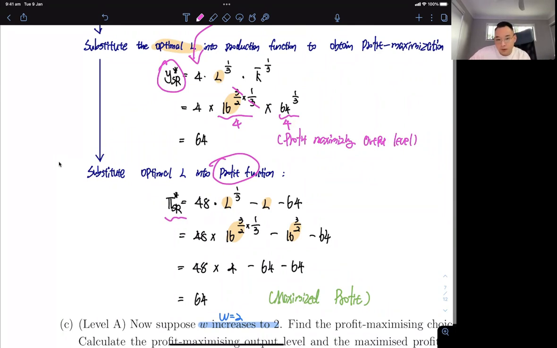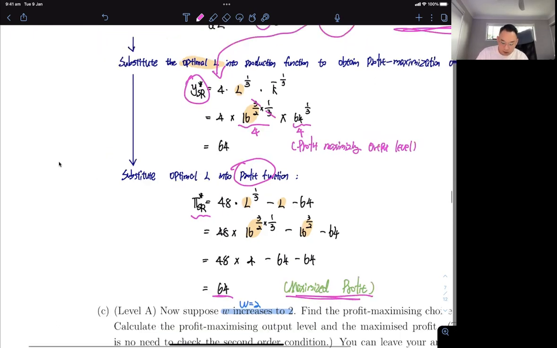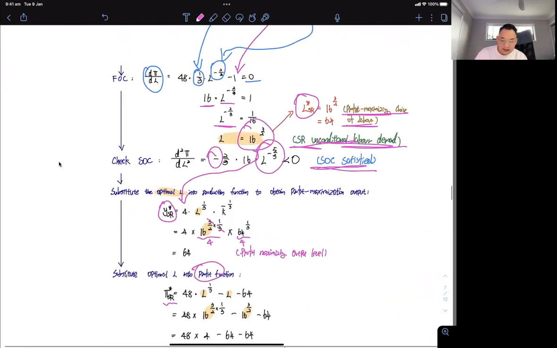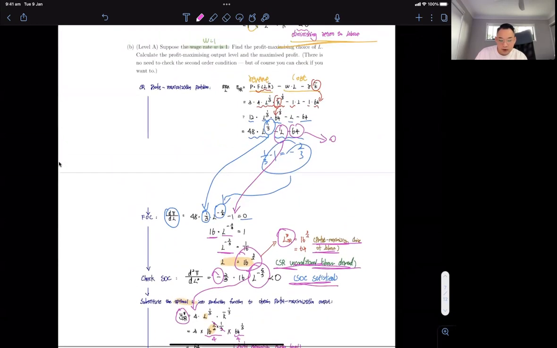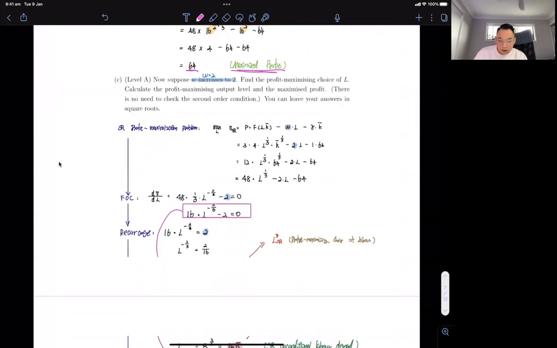Plugging in L, which equals 16 to the power of 3/2, we get 64. So the maximized profit equals 64. That's pretty easy. Just follow the steps: first order condition, second order condition. All right, pretty simple.